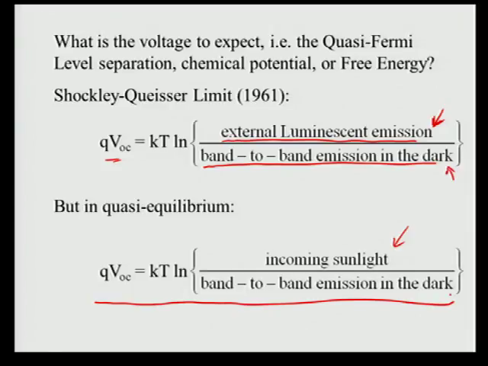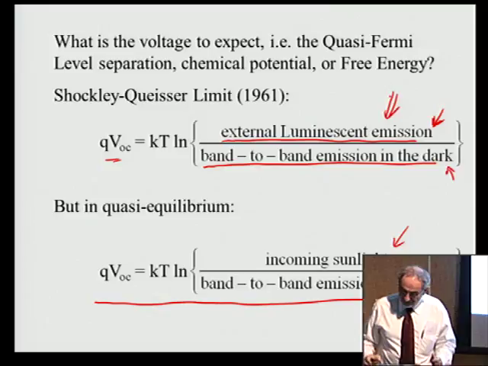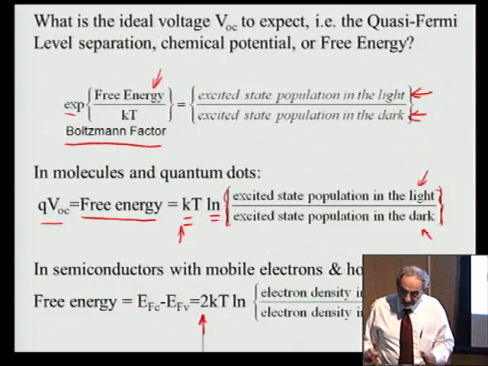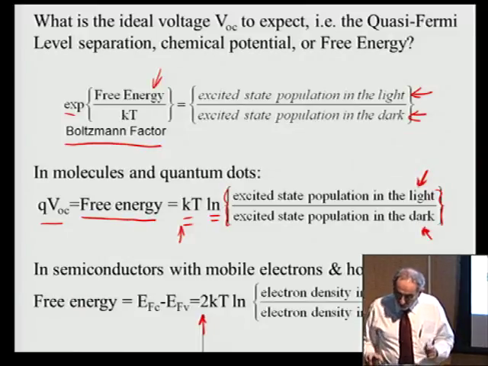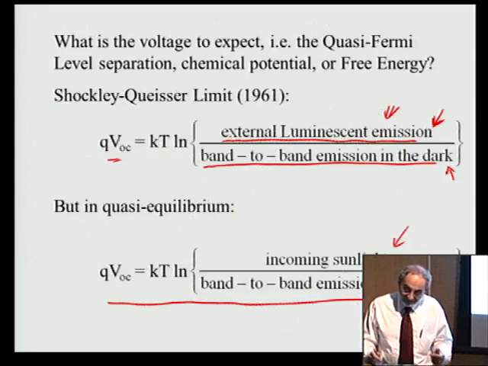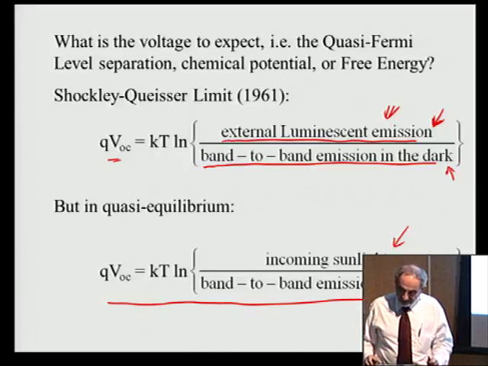And it's very important for us because of the luminescent emission, so I'm supposed to actually tell you how we broke the record. And the record has been broken by a big margin. And part of it was understanding the optics of this luminescent emission. But you can just take it from the excited state population in the light, excited state population in the dark, or light emission in the light versus light emission in the dark, or incoming sunlight versus band-to-band emission in the dark.